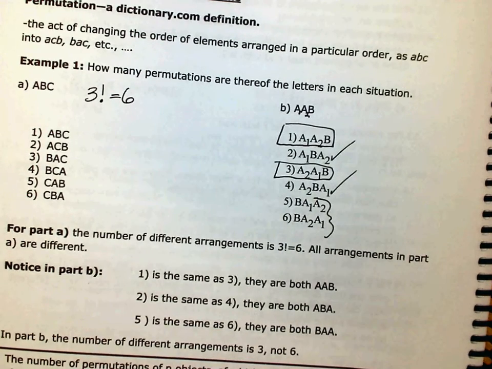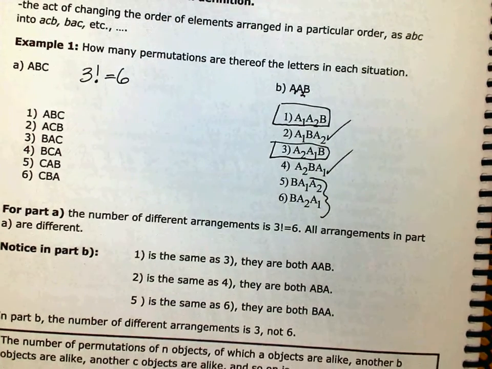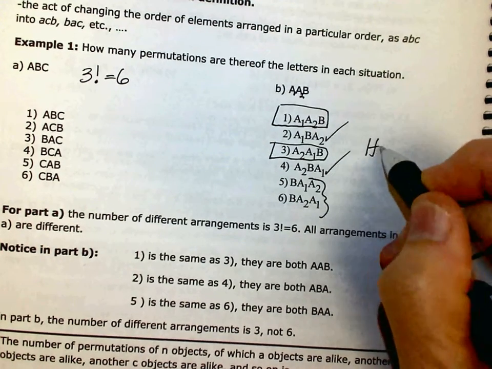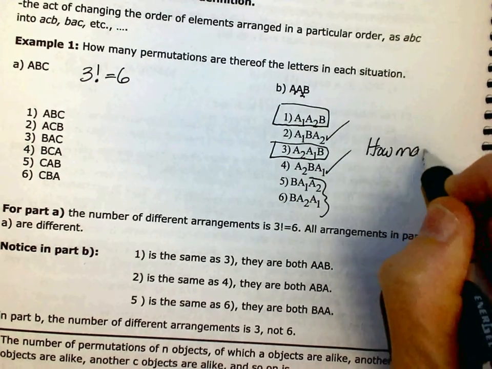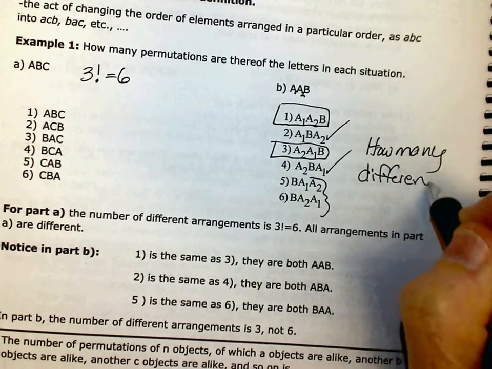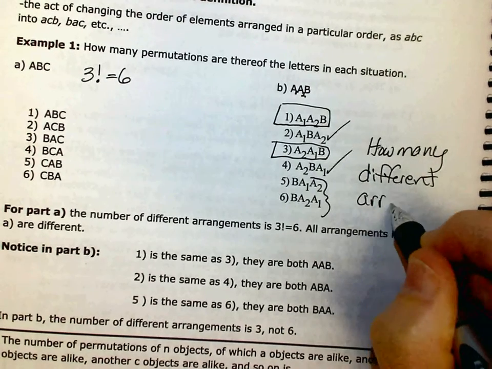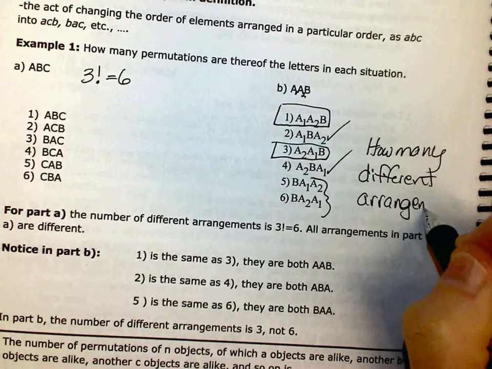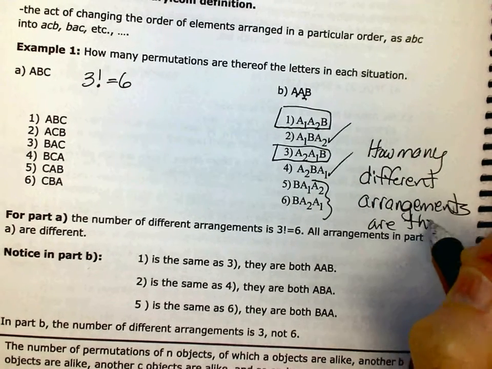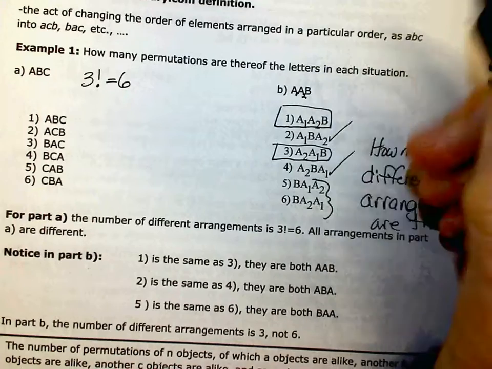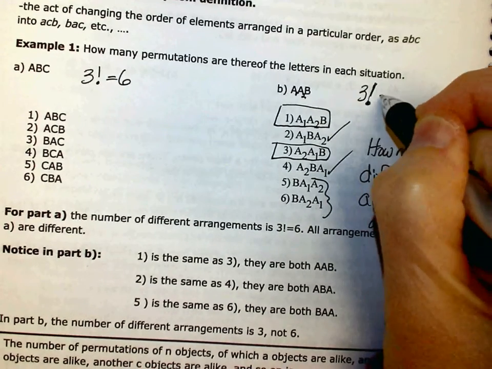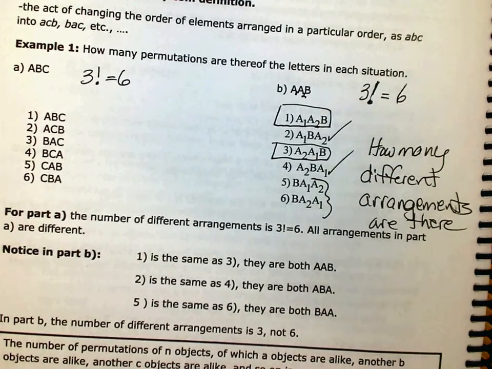The question you'll see is, how many different arrangements are there? It would be nice if we could go 3 factorial equals 6, but it's not that easy.